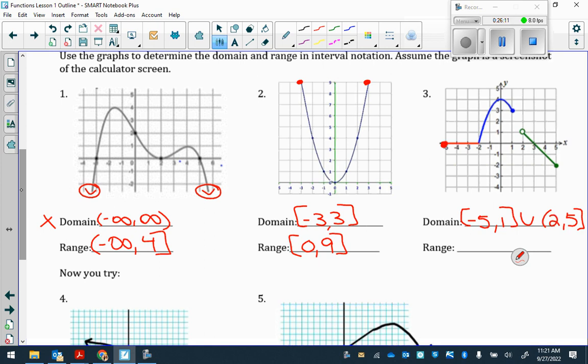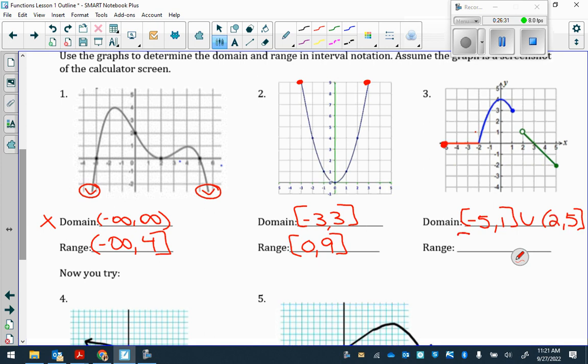Oh, yeah. Okay. So I'm glad you actually said that, because that's the mistake that happens all the time, right? I'm glad you pointed that out. Because here, just because there's a break, it's still included over here. The y values are being included.